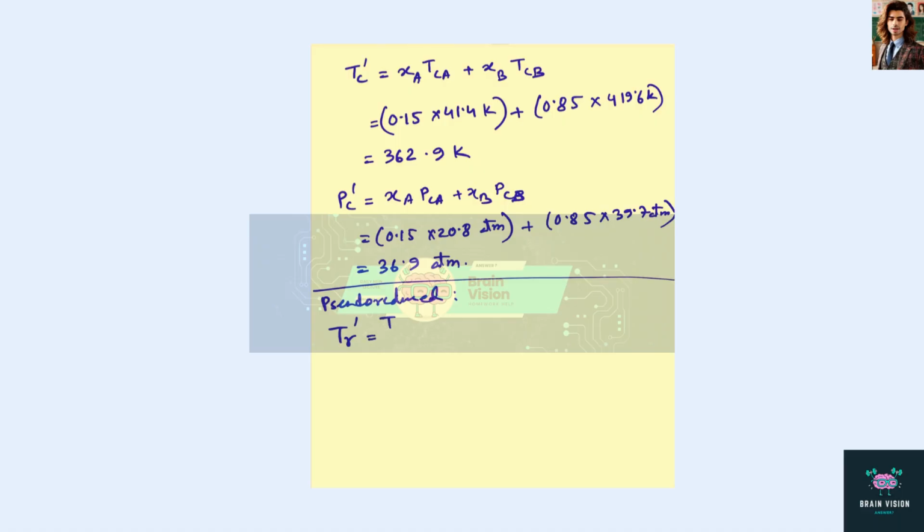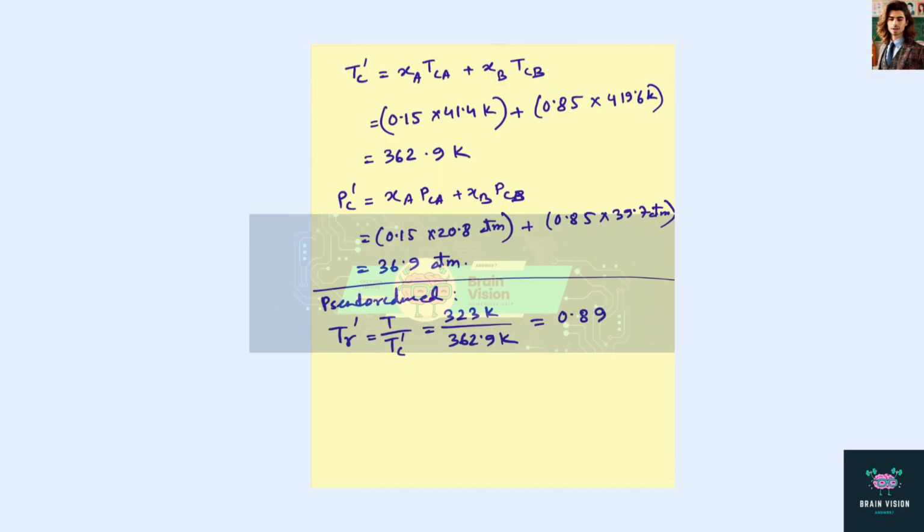The pseudo-reduced temperature is the given temperature of the system divided by the pseudo-critical temperature. The temperature is 323 Kelvin and the pseudo-critical temperature we calculated is 362.9 Kelvin.